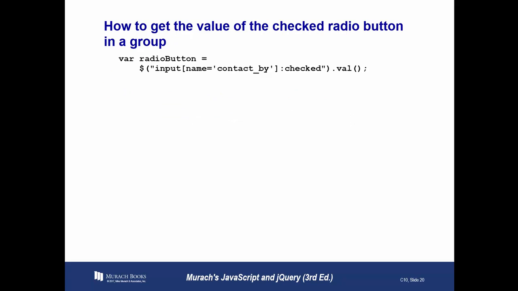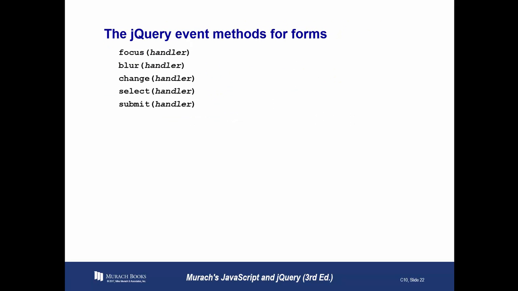The jQuery event methods for forms are shown on page 299 in the book. This table right here summarizes the jQuery event methods for working with forms. A lot of these we've already looked at. For instance, the focus event method is run when the focus moves to a selected element.